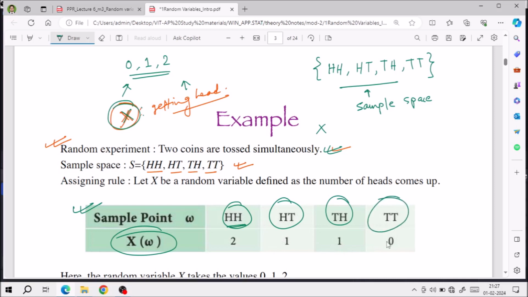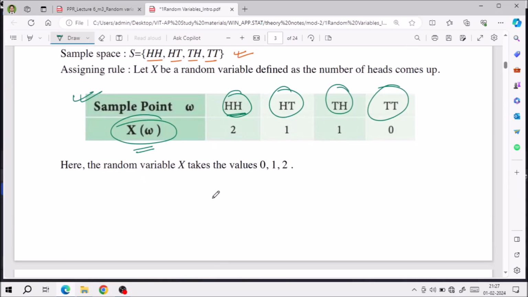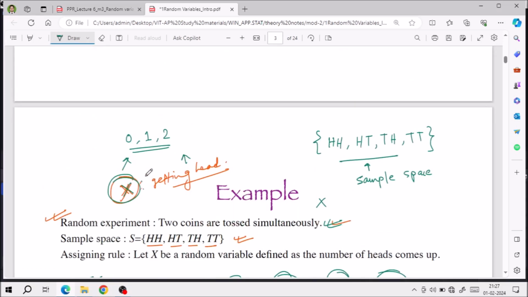Here no head, so you can assign 0. So you can see this X of omega is nothing but a random variable. This is how we can understand the concept of random variable through an example. This random variable can take the values 0, 1, 2.